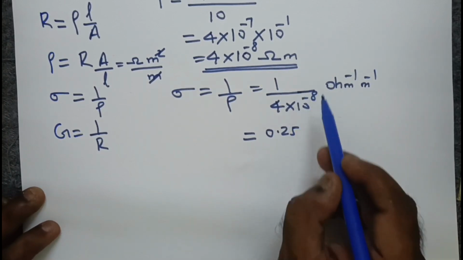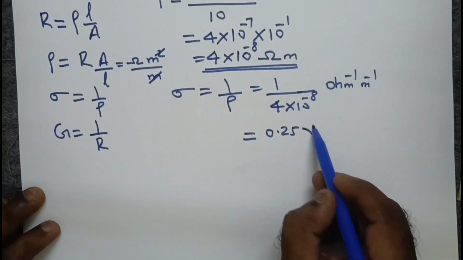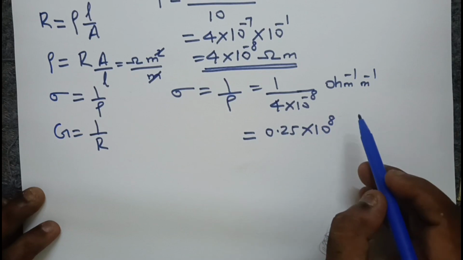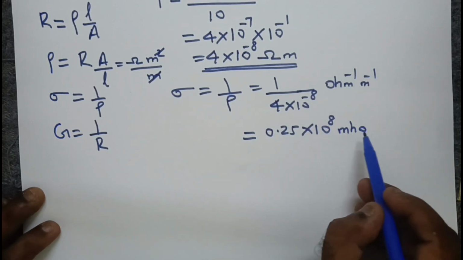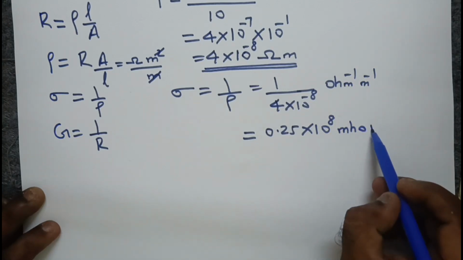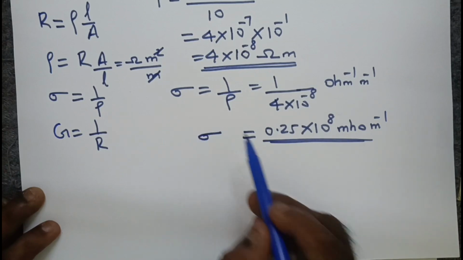And this 10 power minus 8 is in the denominator, it becomes the numerator. So it becomes 10 power 8. Ohm raised to minus 1 can be written as mho. When you write ohm in a reverse way, you get mho. You can write ohm raised to minus 1 or mho meter raised to minus 1, right? So this is the value for conductivity.